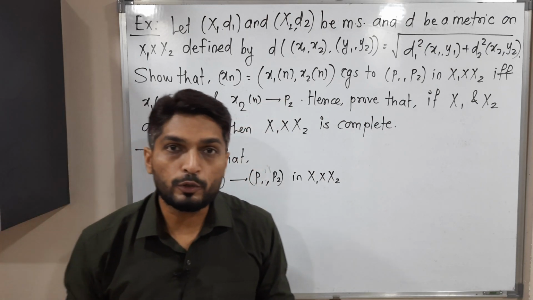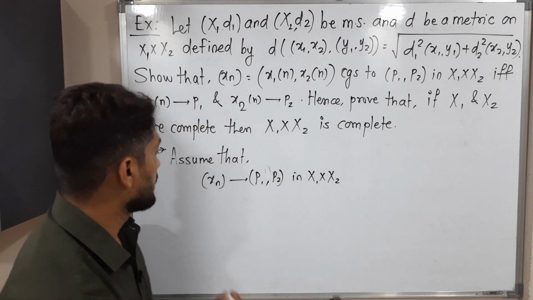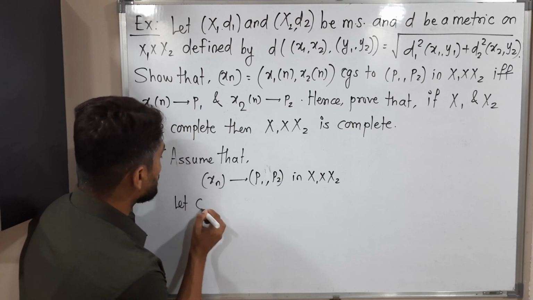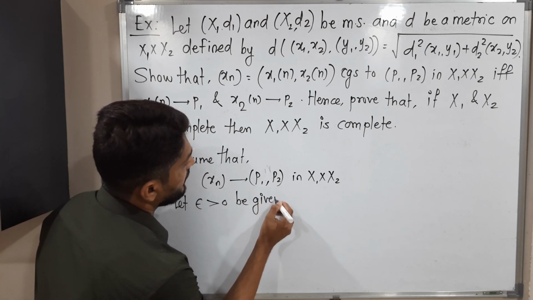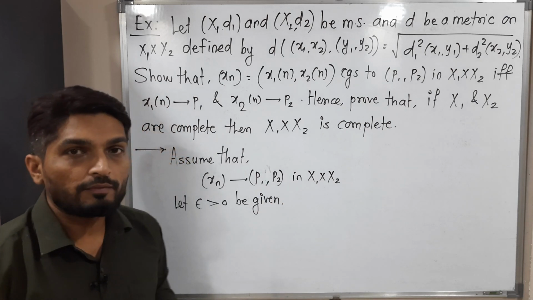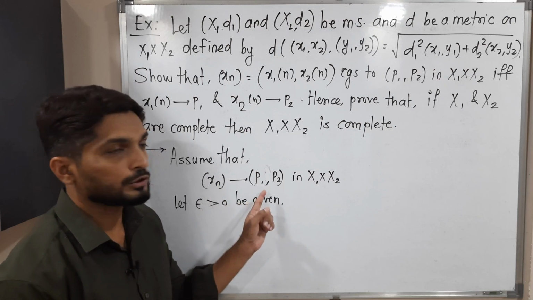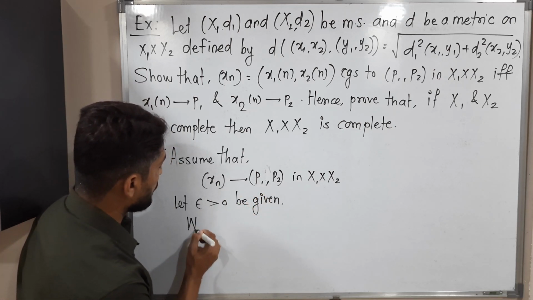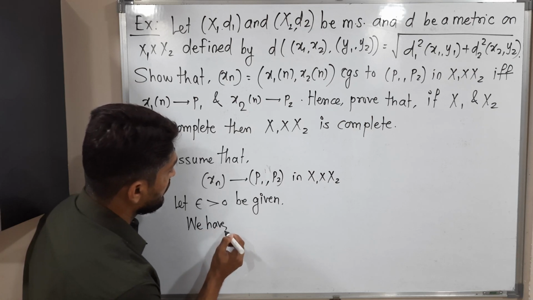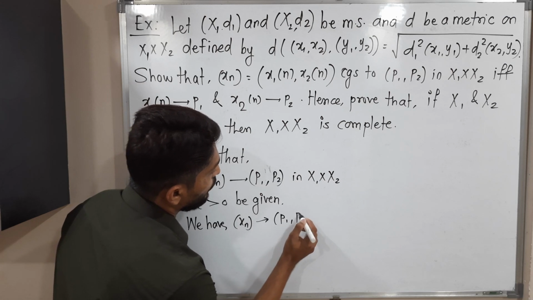Obviously I am going to use the epsilon definition. So let us start: let epsilon greater than 0 be given. Now I will use the definition of convergent sequence. We have xn converges to (p1, p2).